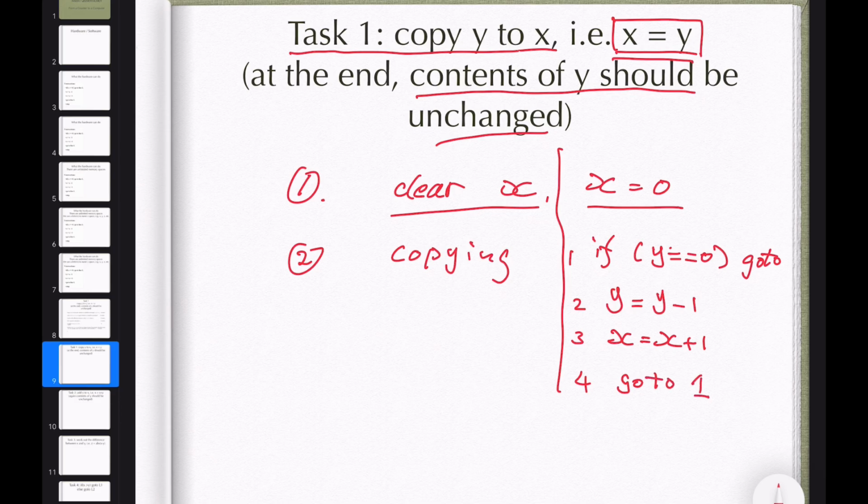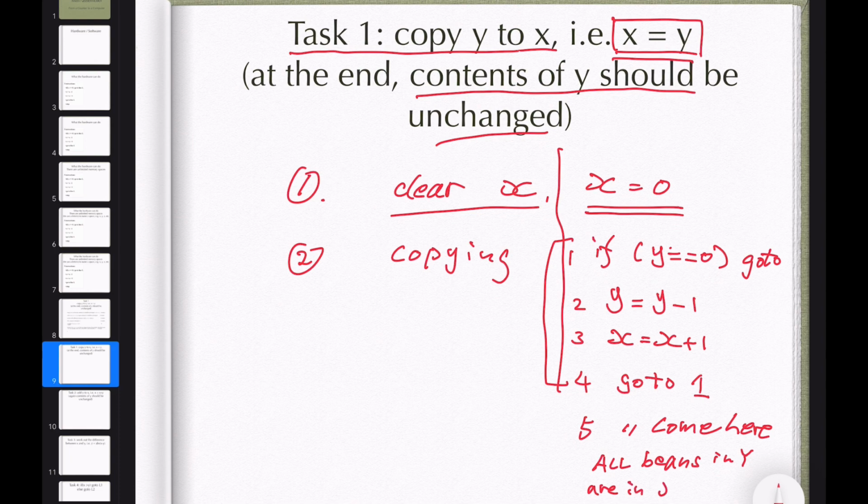This loop will keep moving values from y to x. Be careful, first of all, we already set x to 0, right? So you keep doing this, and when you reach the next step here, when we come here, all the bins in y are in x.